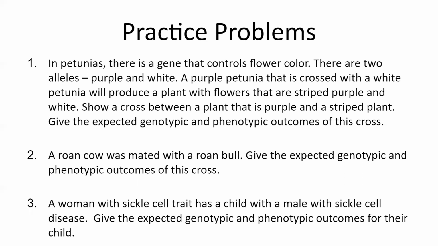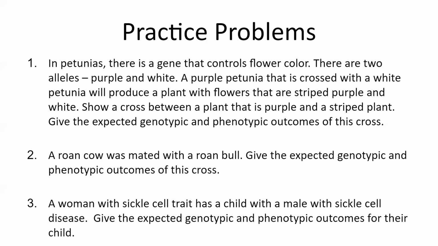Actually, let's do number 2. A roan cow was mated with a roan bull. I'm going to give you 2 minutes to do number 2 on the board. Well, maybe I'll call on somebody to come up to the whiteboard.